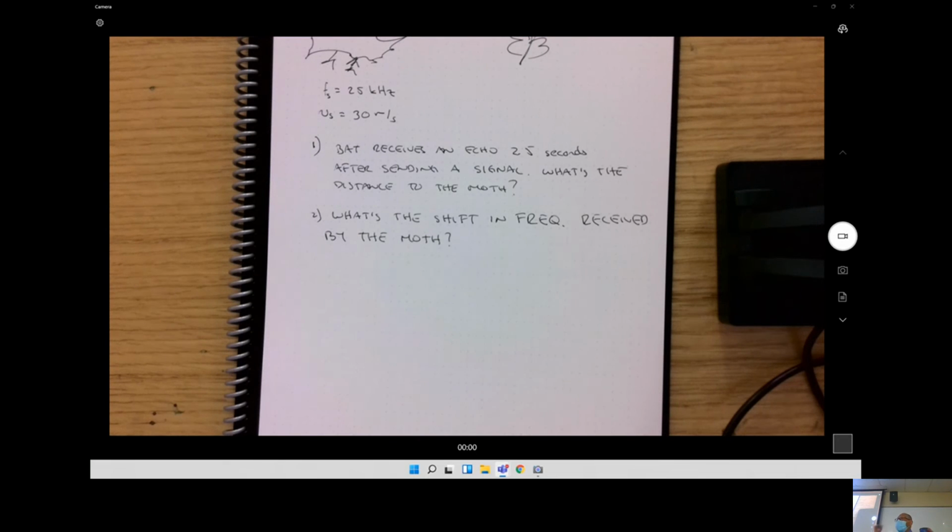So for the first part, I want the echo. So the signal is going to the moth, bounce back, and get back to the bat. So I want to know, based on that delay, how far is the moth? And for the second part, I just want to know what is the frequency received by the moth.